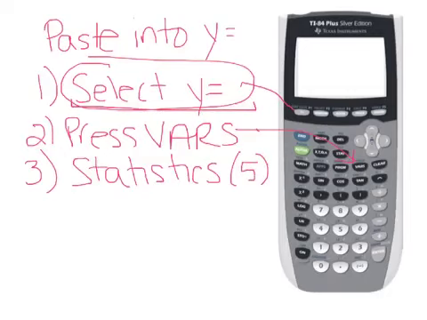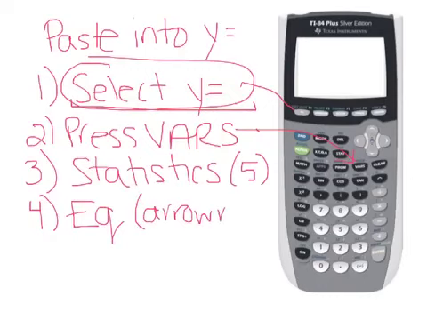And from there, after we choose statistics, I want you to arrow over at the top. There's an EQ. We're going to arrow to the right to get there. So once you go to the EQ menu, or equation menu, we're going to select number 1, which is regression equation.